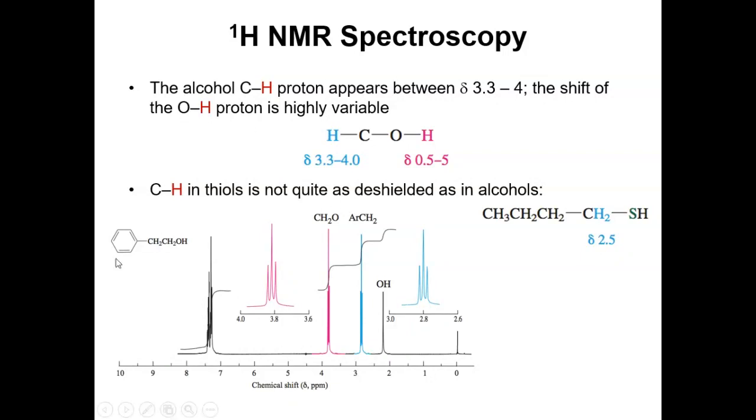So here is just one example, 2-phenylethanol. These two protons are strongly deshielded, so they appear at 3.8 ppm. These two blue protons appear at 2.8 ppm.